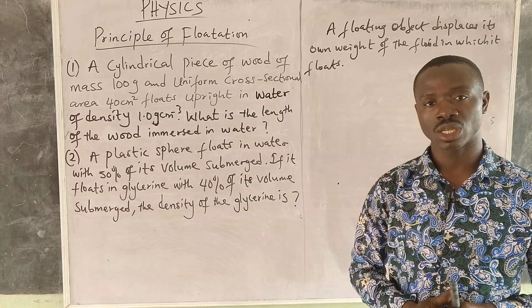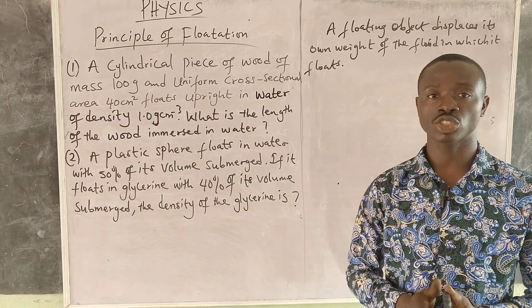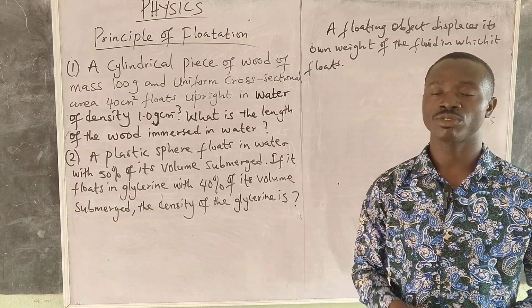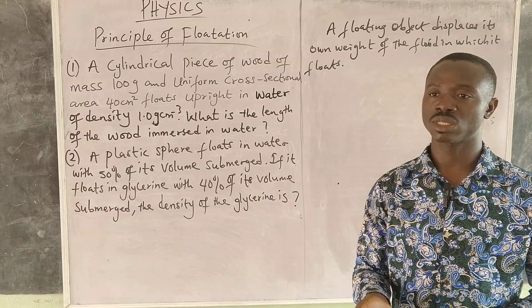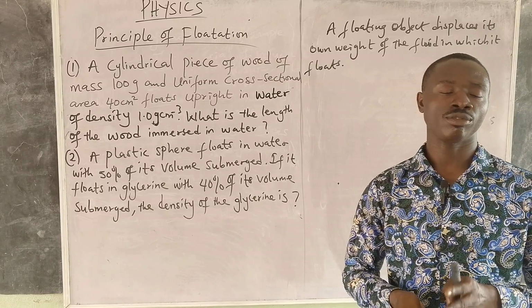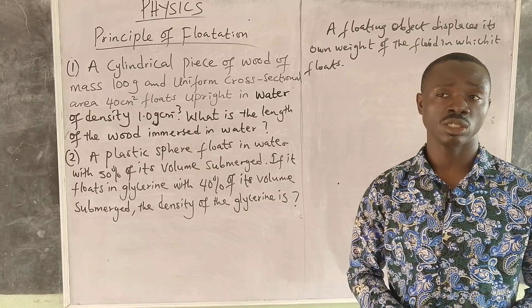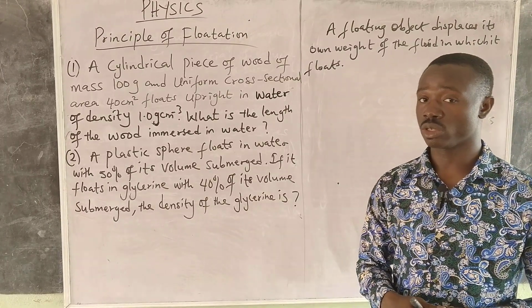It doesn't matter whether a very big fraction of the object is immersed in the fluid. No matter what fraction is immersed, because when we say something is floating, it may be that a fractional part of the object is inside the fluid while the other part is outside on the surface.